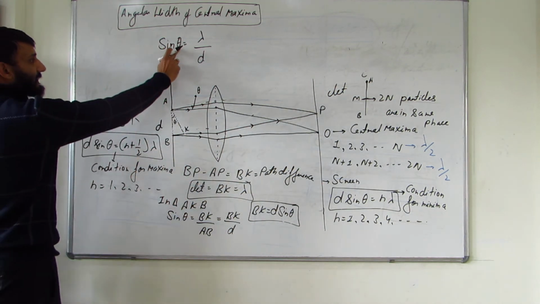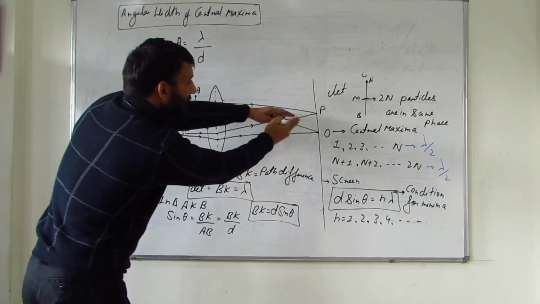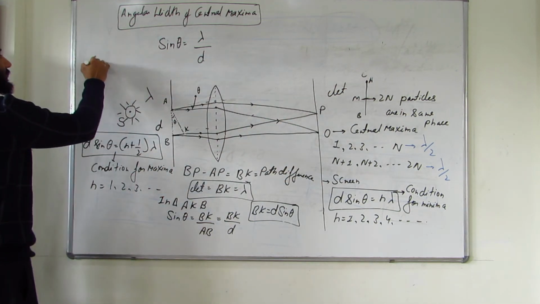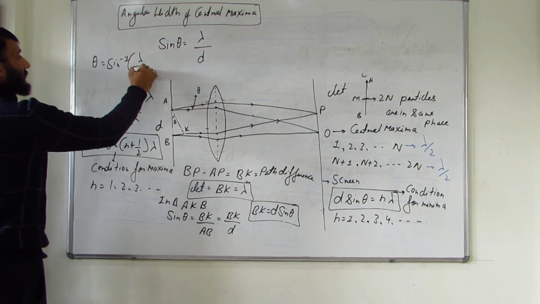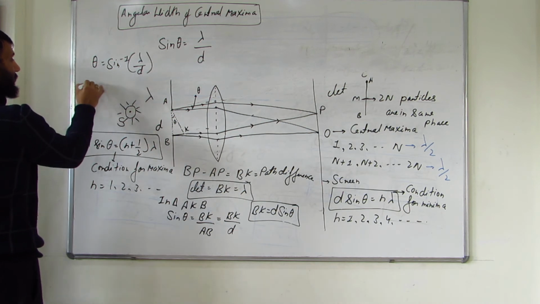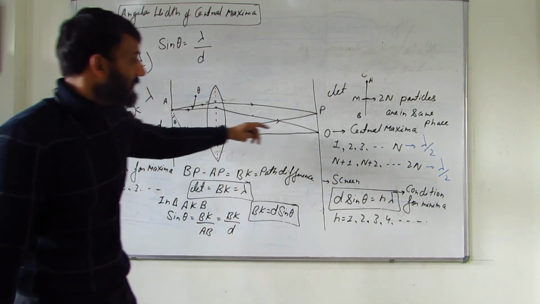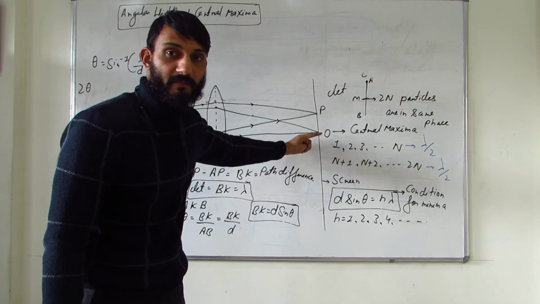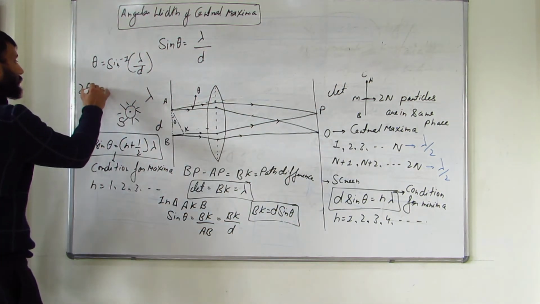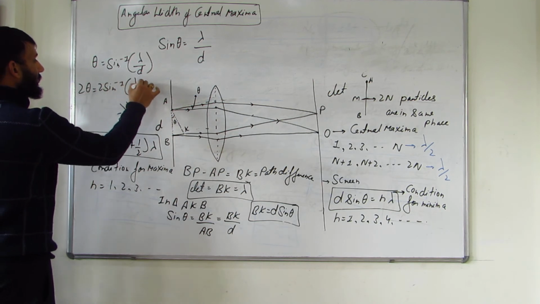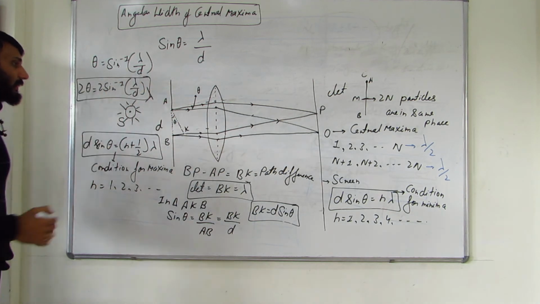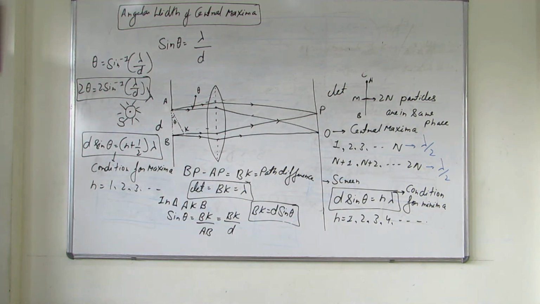So this theta, which is the angular width on the above side, will be equal to sine inverse lambda by d. And if I multiply it by 2, why am I multiplying it by 2? Because the same angular width will be on the downside. So 2 theta is equal to 2 sine inverse lambda by d. So this is how it works out. This is the angular width of the central maxima, right?